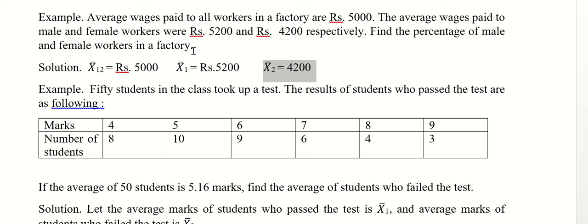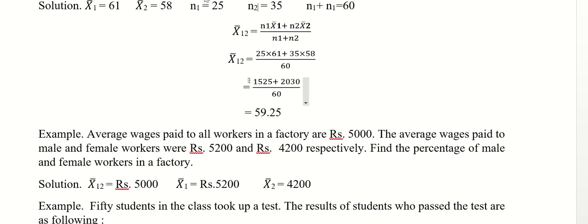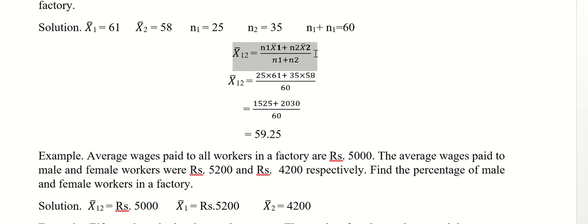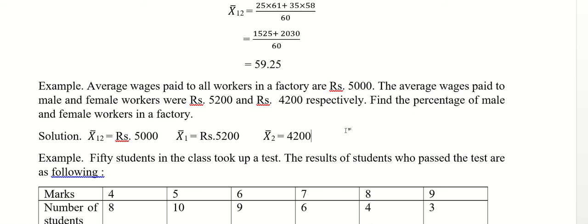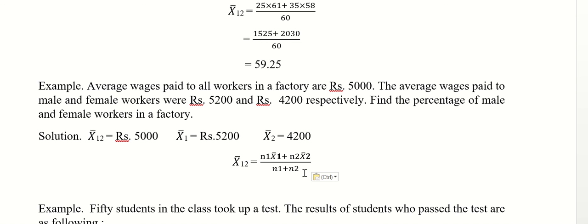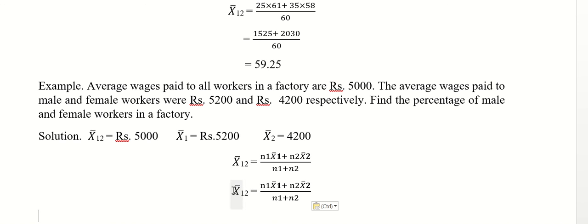So let's start with the question. First, we will simply apply the formula which we have, this formula, okay? Because there are only two sets of observations, this formula will work. We don't have to extend it. So now I will apply the values. This is 5,000. The combined mean is already given to us.